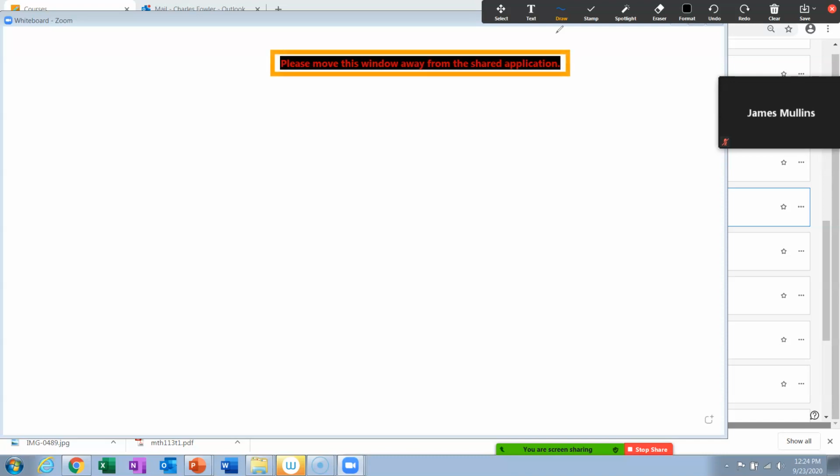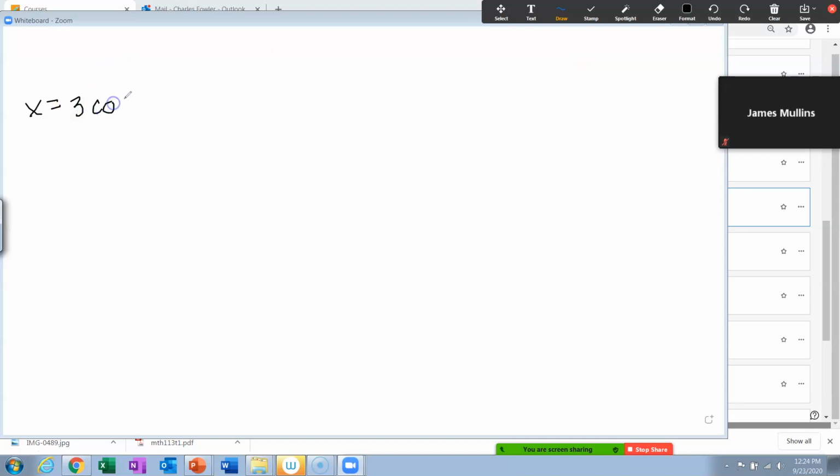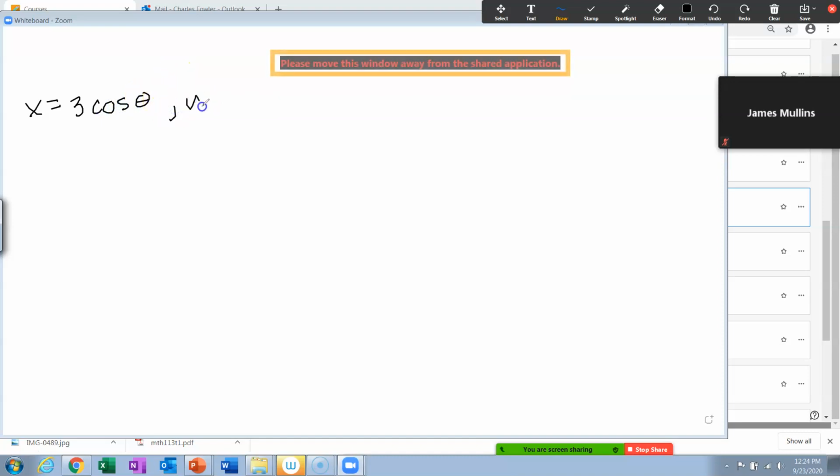So let me get my Wacom pad, and let's see. Sketch the curve represented by x is equal to 3 cosine theta, y is equal to 4 sine theta.